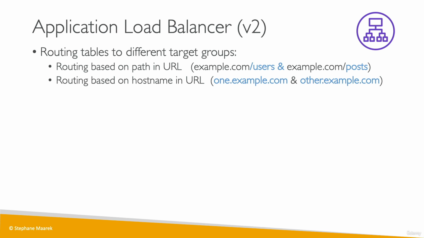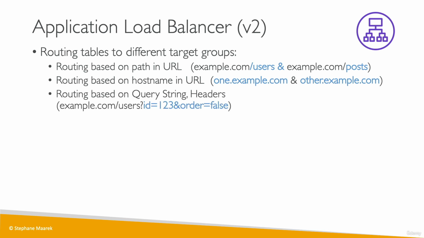You can also do routing based on the host name in the URL. So if your load balancer is accessed using one.example.com or other.example.com, it could be routed to different target groups. And you could also be routing based on the query strings and headers. So for example, example.com/users?id=123&order=false could be routed to a different target group.